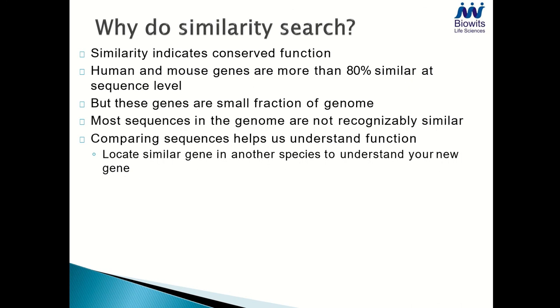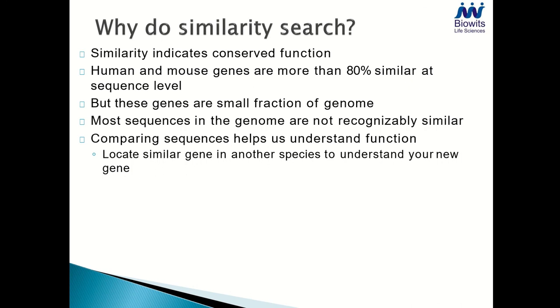Sabi nga natin kanina, why do we need to perform sequence alignment? Because we want to check the relatedness. Relatedness of whom? Humans to other animals. We want to see how humans were able to establish a high cognitive level compared with other animals.